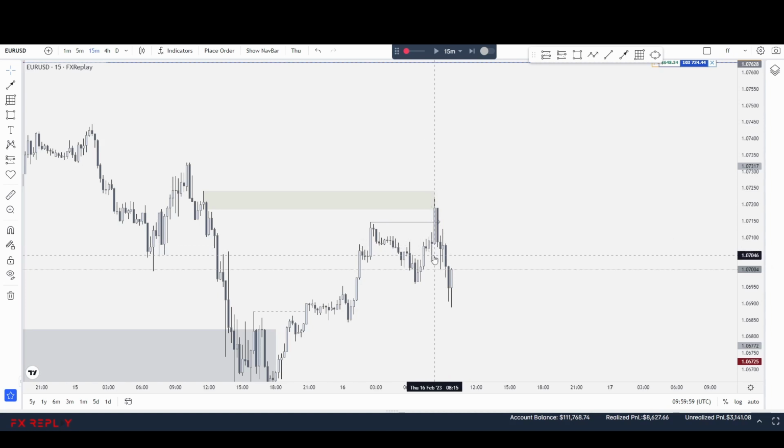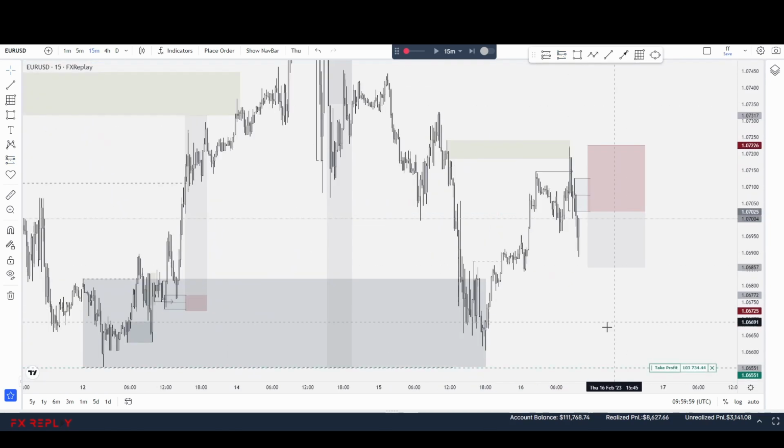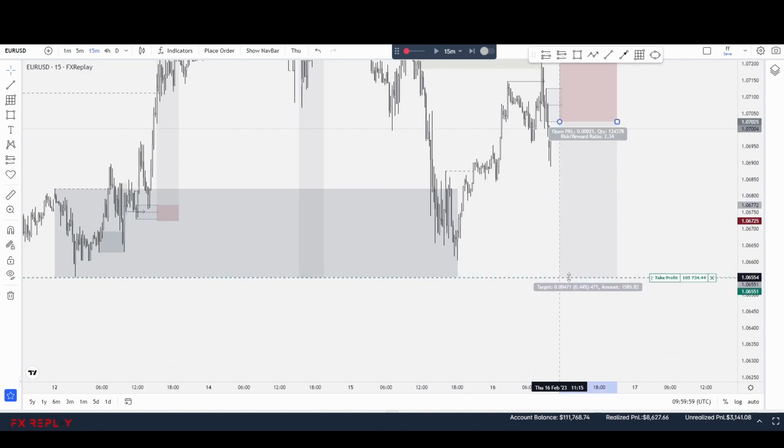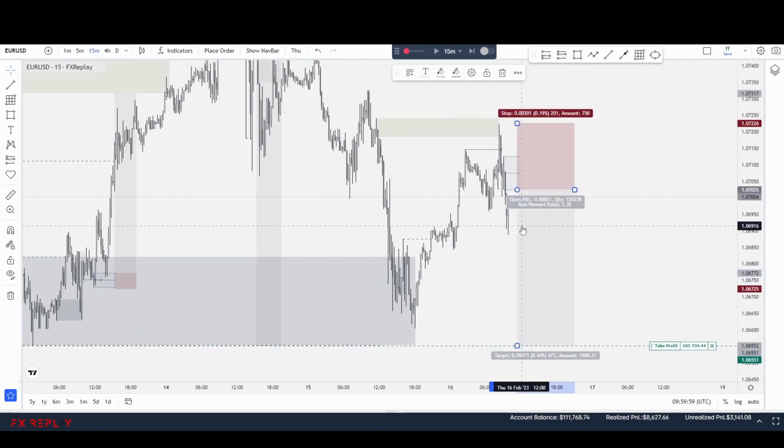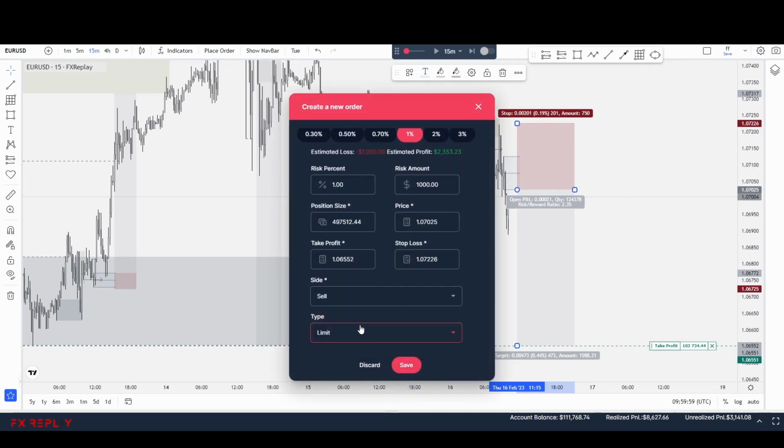Technically I should have been in, or could have been in here once this low went, and that would have been my entry here. But we see we can play this chain and we'll just cover the high here. Not the best risk to reward, but we've still got one running, so it should stack up okay.